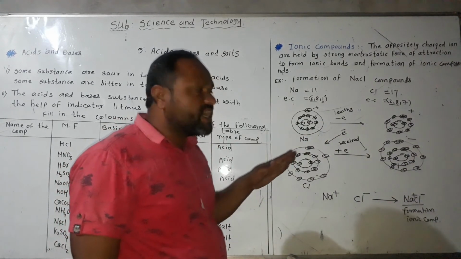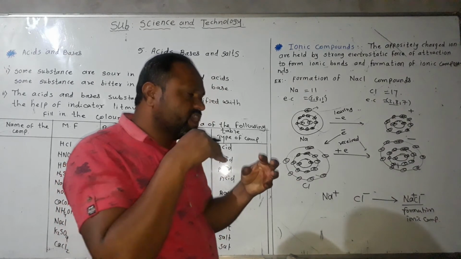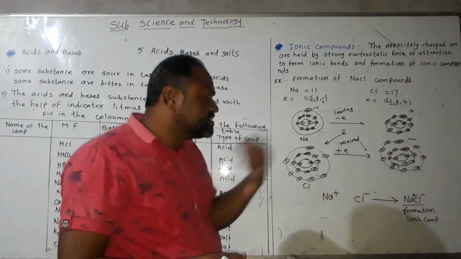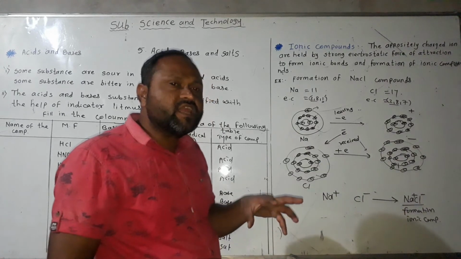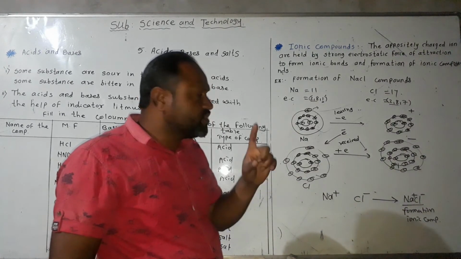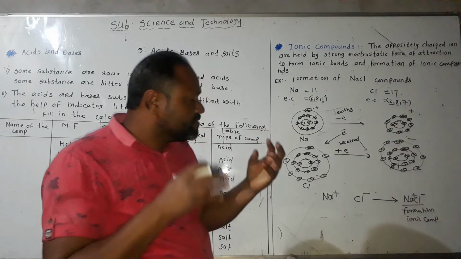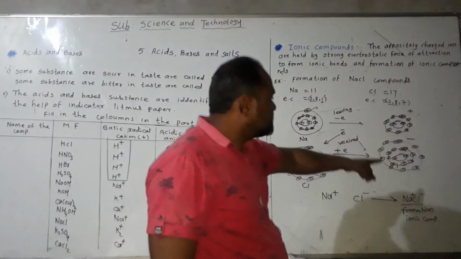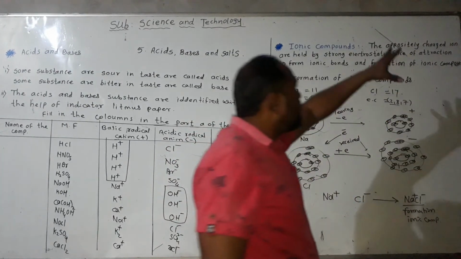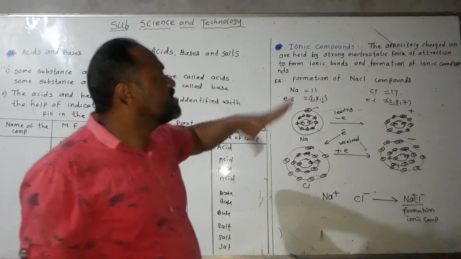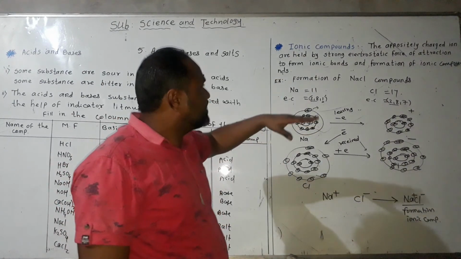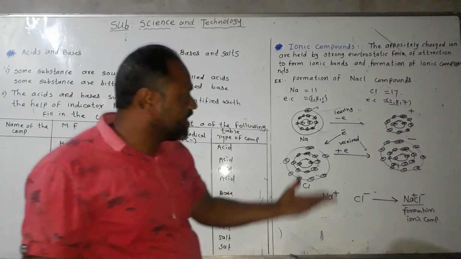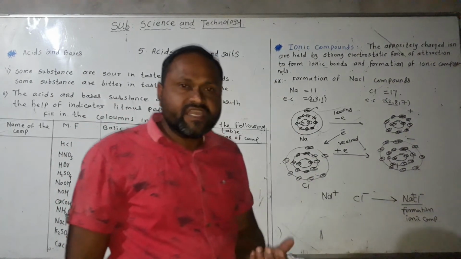So Na plus and Cl minus: one electron is lost by sodium and plus charge develops, and Cl receives the electron and negative charge develops. So cation and anion, oppositely charged ions, are held by strong electrostatic force of attraction to form ionic bonds and formation of an ionic compound. In a simple way, sodium chloride is NaCl.